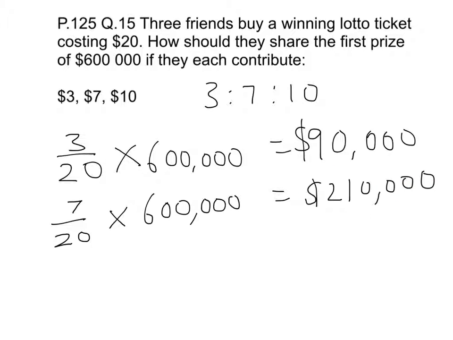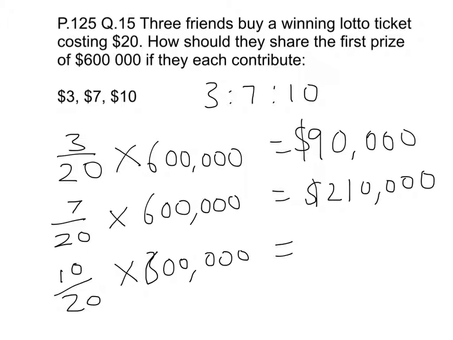And then we go to the next part of the ratio, which is 10. So we do 10 over 20, which is 0.5. We times that by 600,000.